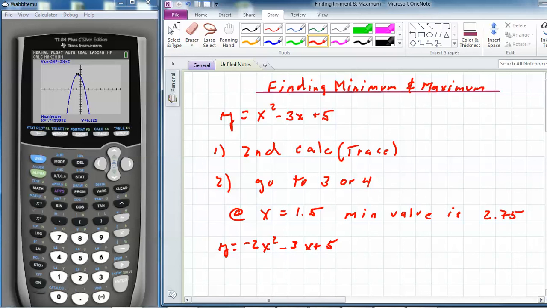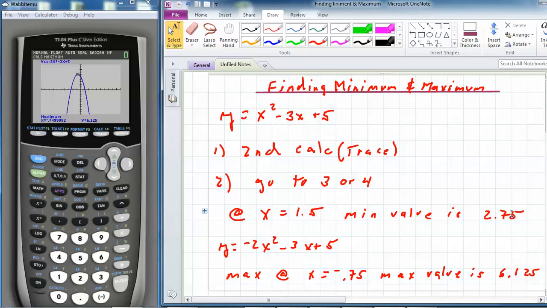The maximum is at x equals negative 0.75, and the max value is 6.125. All right, let's do one more quick example.